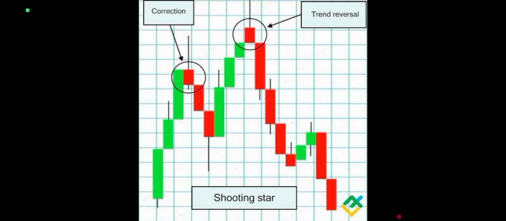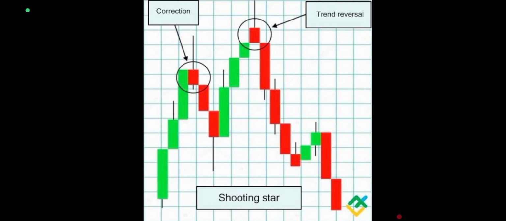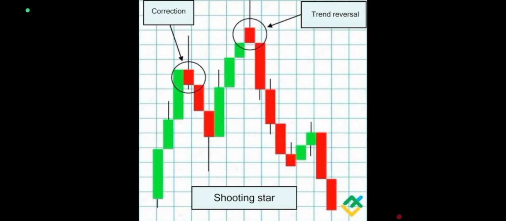Okay, so how do you identify the shooting star? The shooting star has a small body near the bottom with a long upper wick.